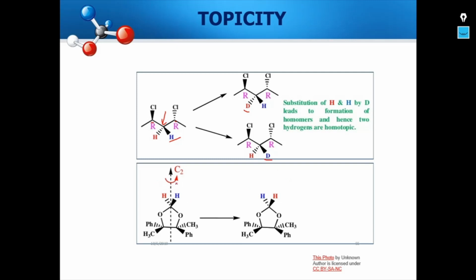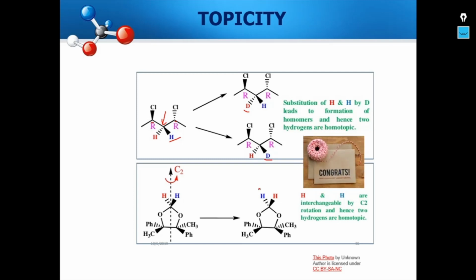Let us go to this molecule. A clue is given over here: you have a rotation axis C2. Again, they are interchangeable by C2 rotation, and hence these two hydrogens are homotopic in nature. If you have got these two answers right, many congrats.